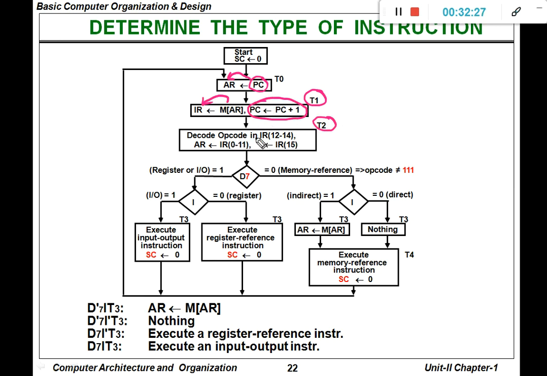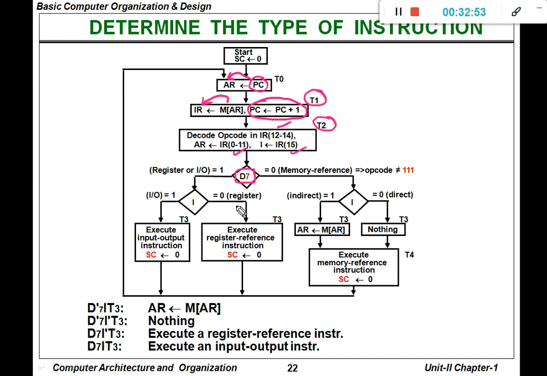At time T2, which we have not seen previously, based on the values of the operation code, the address, and the I bit, we need to determine whether it is a register reference instruction, memory reference instruction, or input output instruction. That is determined based on the value of D7.